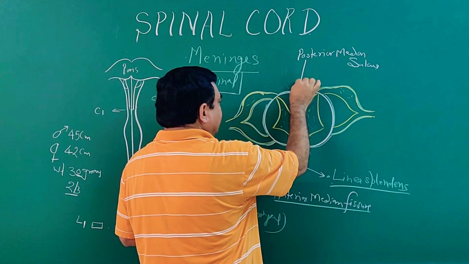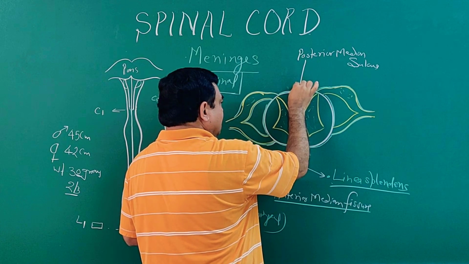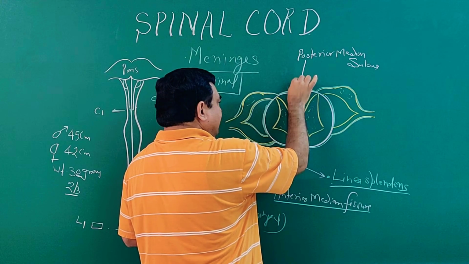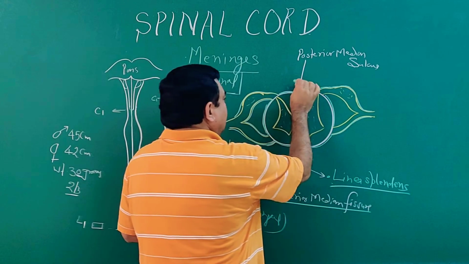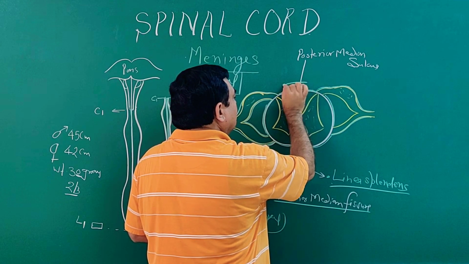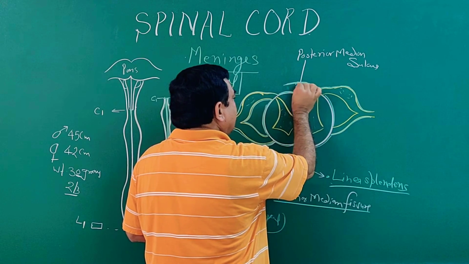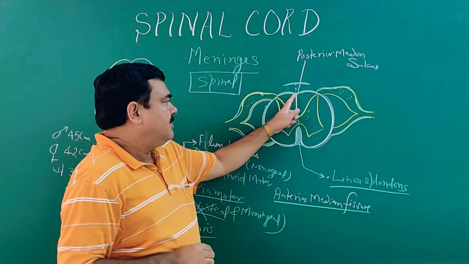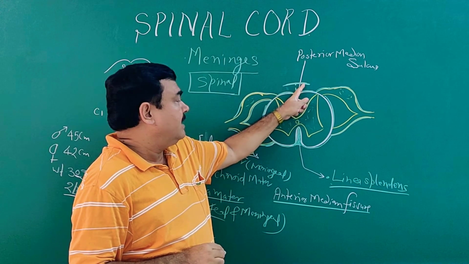And as a modification, here it forms a septum. Here is the fenestrated septum. Here is the position of the second layer from the inner to the outer surface, that is the arachnoid.